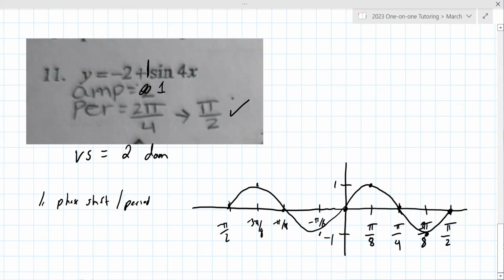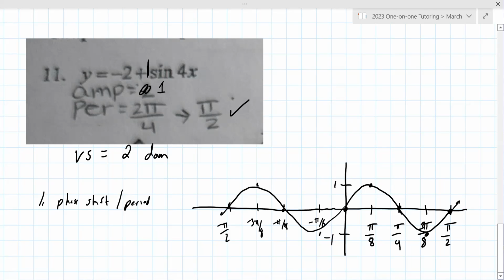Now, when you're graphing these, you want to be good about getting smoothness. I'm not trying to be critical of your drawings, but they need to have a nice smoothness to them. Try to avoid drawing straight lines. And you've done the better thing than me. You've actually put the arrows at the end. I'm awful at that. Okay, but again, this is just the phase shift and the period.